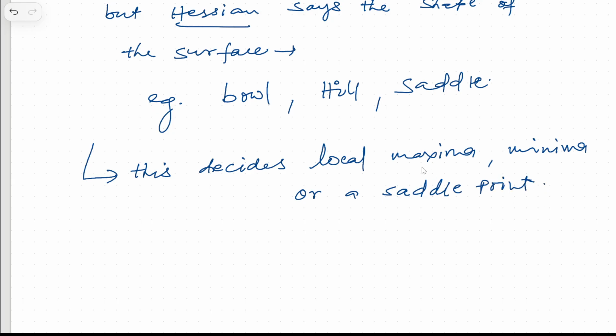In the curve, you can get those nice looking curves, and by looking, you can just say intuitively that this is the minima. But in a surface, the surface is bending somewhere downwards, somewhere upwards to form the ball and hill.